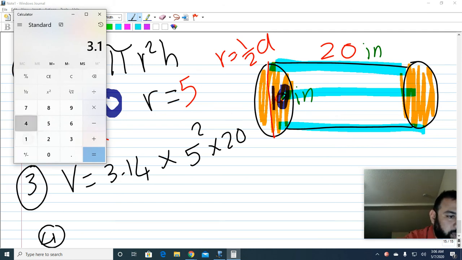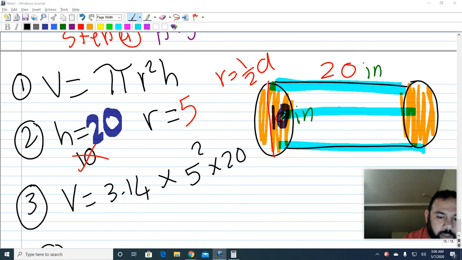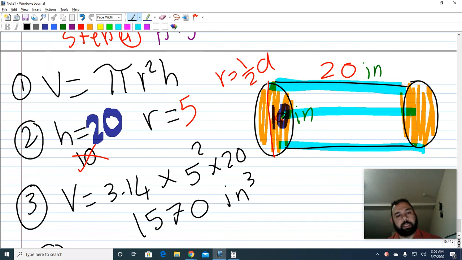It's 3.14 multiplied by 5 squared, again, if you don't have a square button, I have it here. If you don't have it, just multiply it again, and by 20. Then this will give you 1570 cubic inches. Okay, that is it.